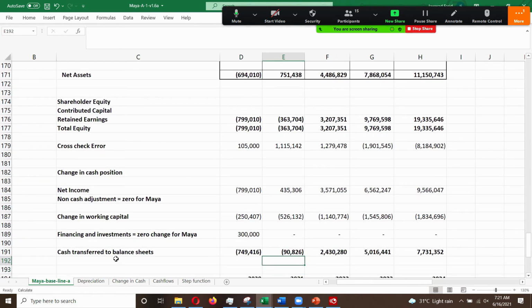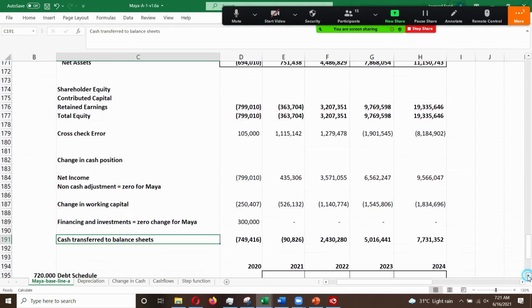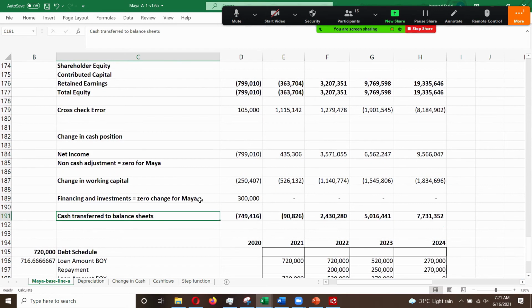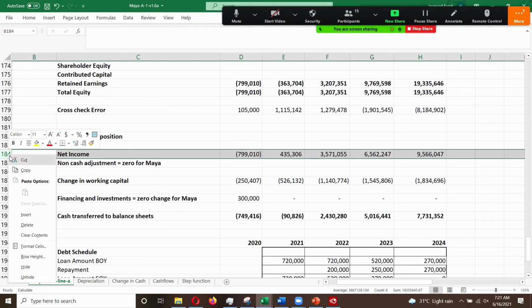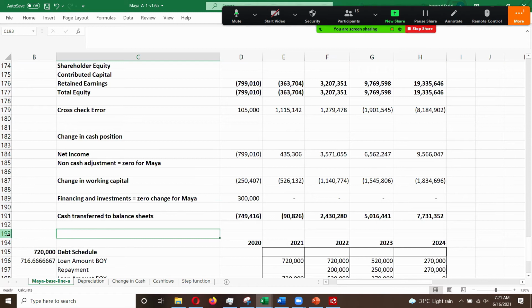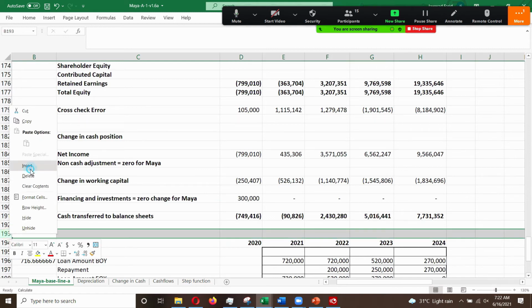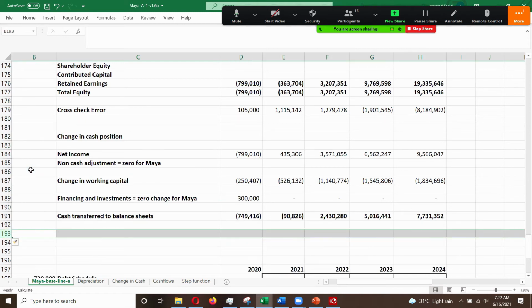And the statement of cash position says, listen, this was your closing balance. Let me add 2 more rows here just to make sure that you understand what is happening, right?